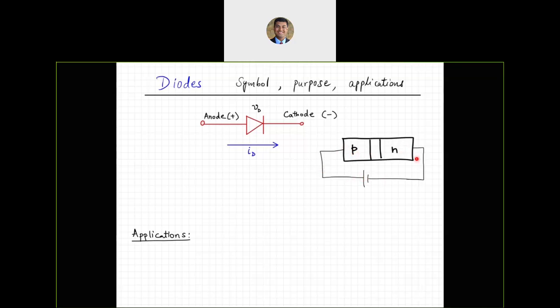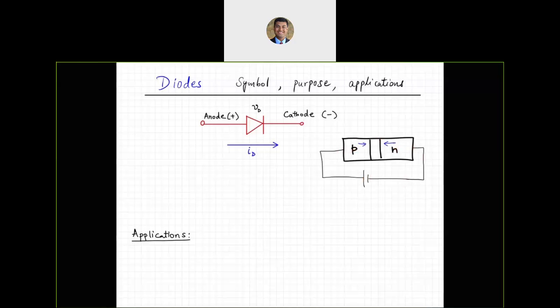And the same thing will happen over here. The negative charge gets pushed closer to the depletion layer there, which will make the depletion layer go away or become very, very small, which results in direction of flow of current to be from P to N, or from the anode to the cathode. That happens only when we are connecting a positive terminal to the p-type and negative terminal to the n-type.